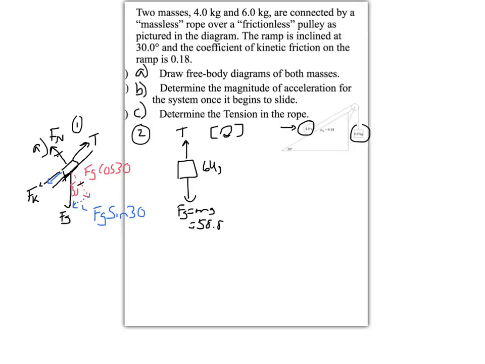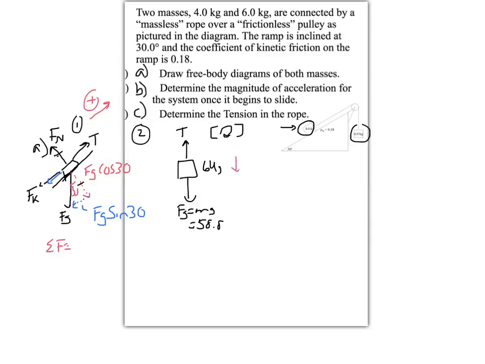B. Determine the magnitude of acceleration for the system once it begins to slide. Now we know this. It's the same as what we did before. So we're going to need to make both equations. So let's make them right here. We're going to say the sum of the forces in equation 1. We know tension is going to be bigger because it's going to go to the right. And let's not forget our direction positive.